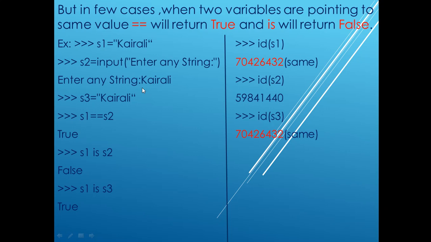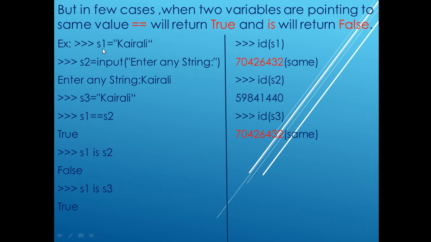Okay, so I think it is clear now what the input function returns. In that way you need to enter any string. I have entered Kerali, so that I can show you the differences between the equal to and is operator.